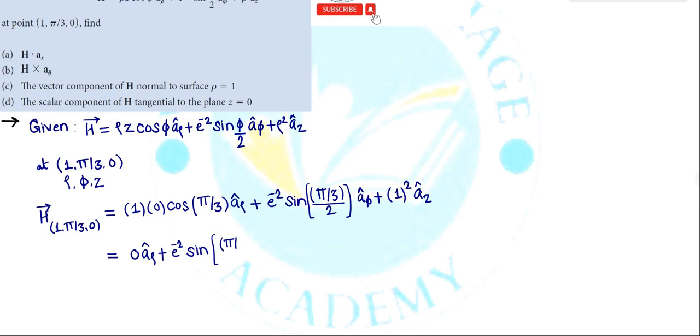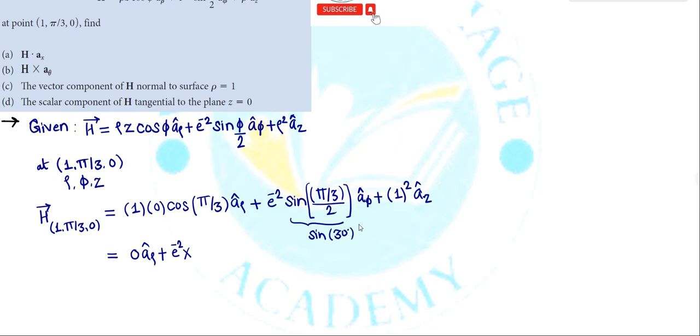We have already written that one, so we are not going to rewrite it. So we are going to find sine of pi/3 divided by 2. Pi/3 is 60 degrees, and 60 divided by 2 is 30. So this term will be sine of 30 itself.